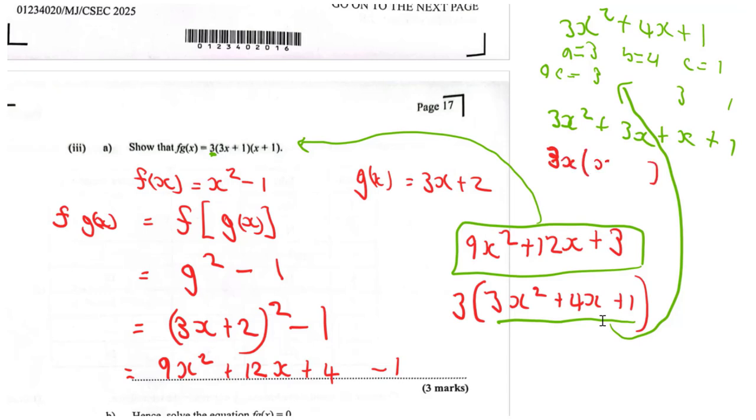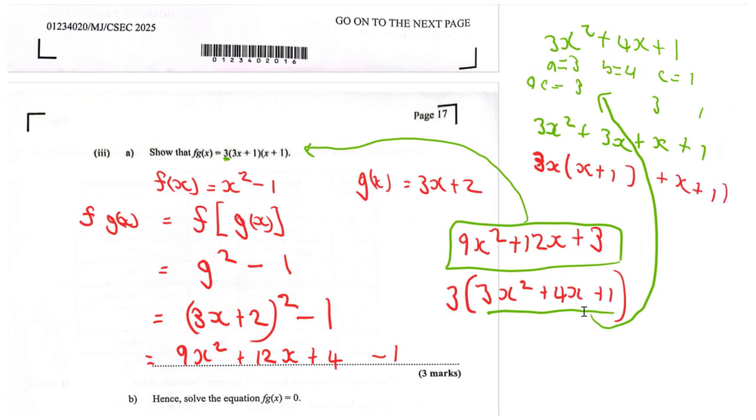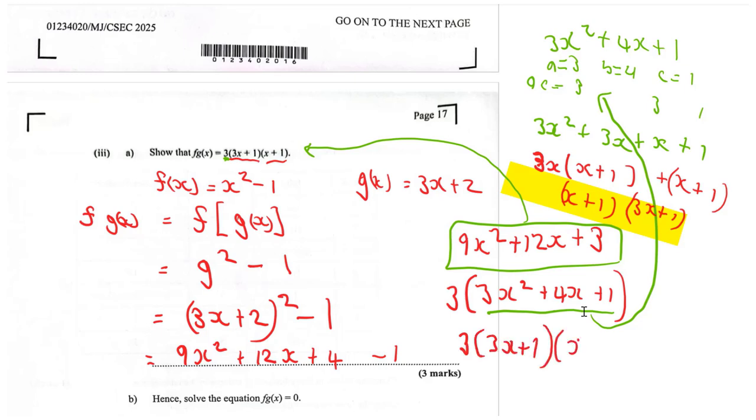I'm going to be left with x plus 1 and then plus x plus 1. You can put that in bracket. So what is common to both of them is x plus 1, and we are left with 3x plus 1. So notice that these two factors are the same factors we have here. We have 3x plus 1 and we have x plus 1. So therefore this is equal to 3 times 3x plus 1 times x plus 1.